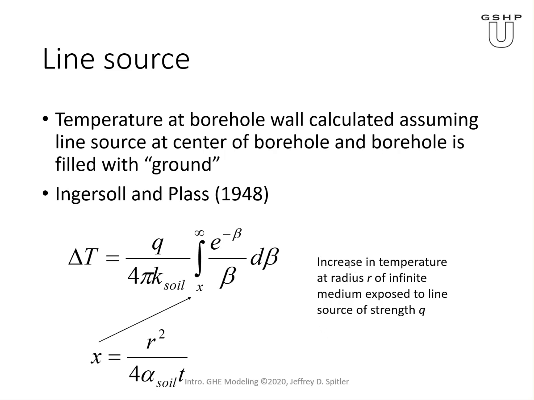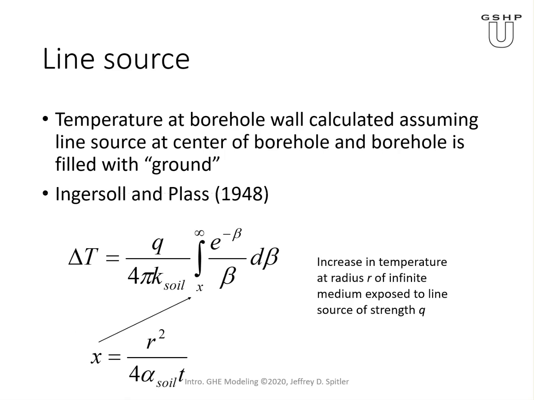The analytical expression, which you get by integrating Fourier's point source, gives a temperature difference at the borehole wall of the heat input divided by 4 pi times the conductivity of the soil, multiplied by this exponential integral, where the lower limit is r squared over 4 times the thermal diffusivity of the soil times the time. And when we solve this integral, then we can find the temperature difference.